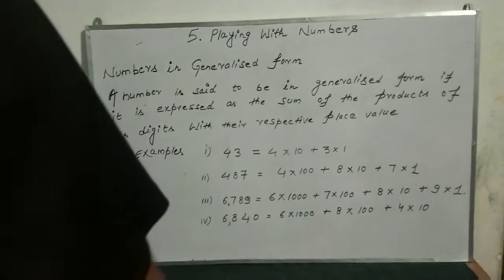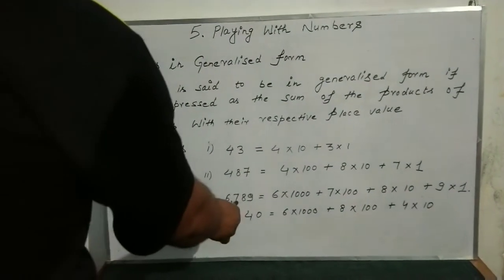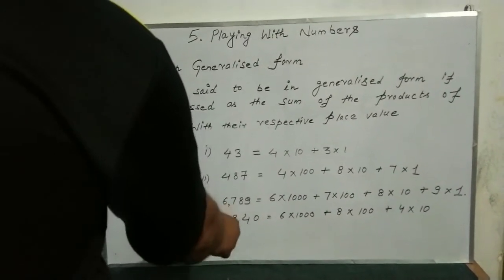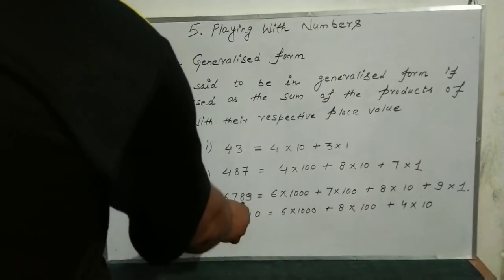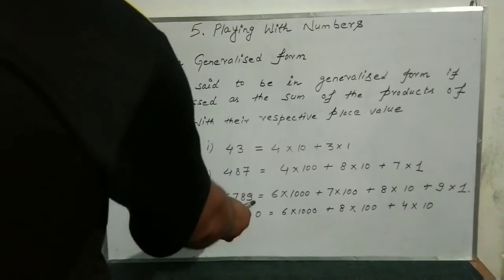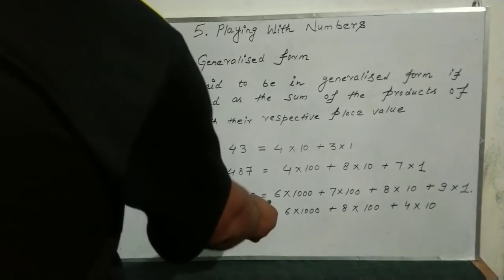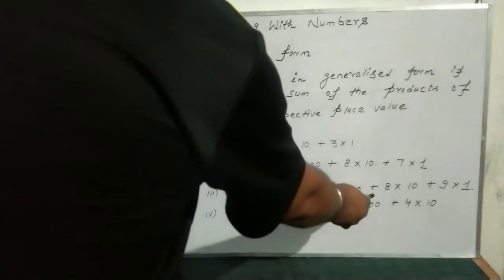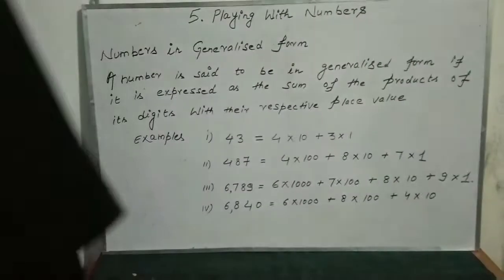Now the third example is 6789. 6 is on the 1000 place, 7 on the 100 place, 8 on the 10 place, and 9 on the unit place. So it will be 6 into 1000 plus 7 into 100 plus 8 into 10 plus 9 into 1.